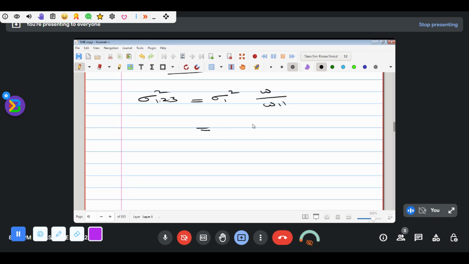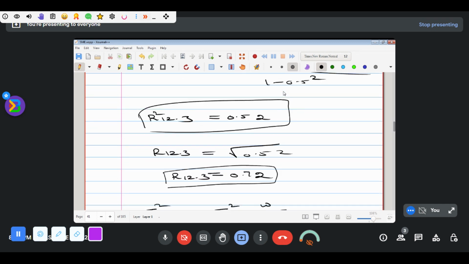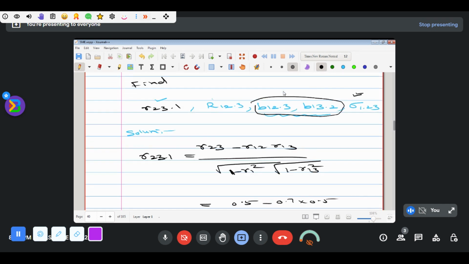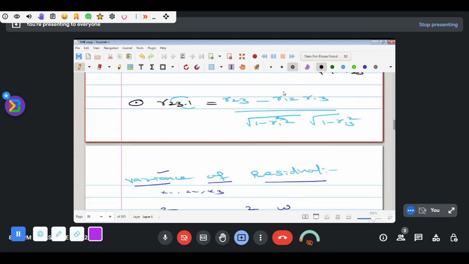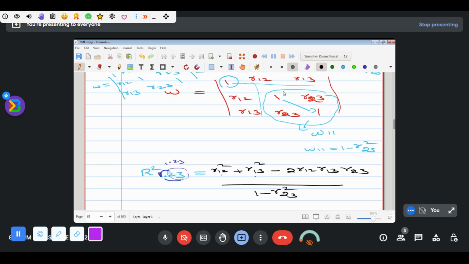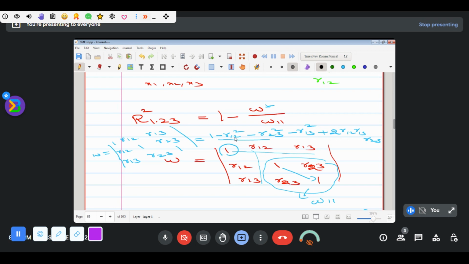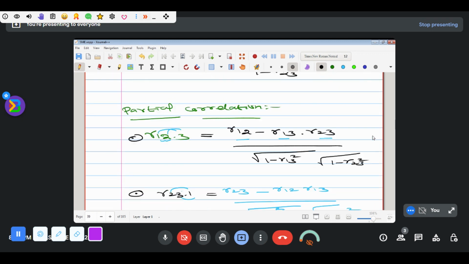Sigma 1 squared is 2 squared. So, omega squared. The omega formula I already gave in the previous section. What is the omega formula? So just remember this formula: omega equals 1 minus r12 squared minus r13 squared minus r23 squared plus 2 times r12 r13 r23. This is the omega formula.